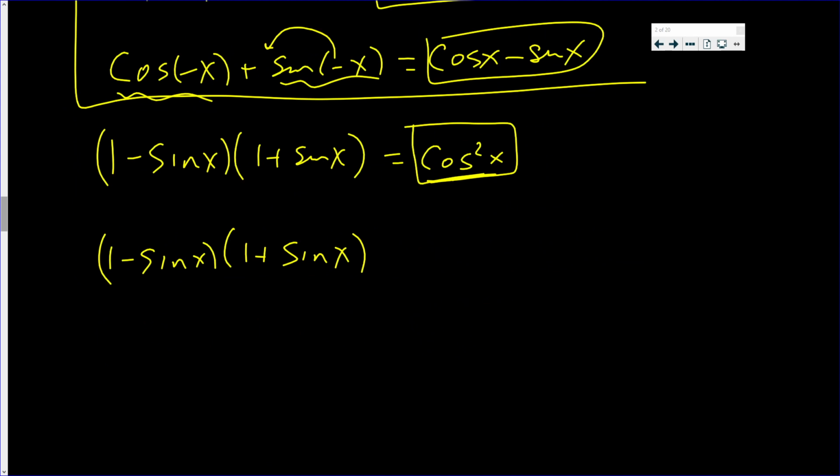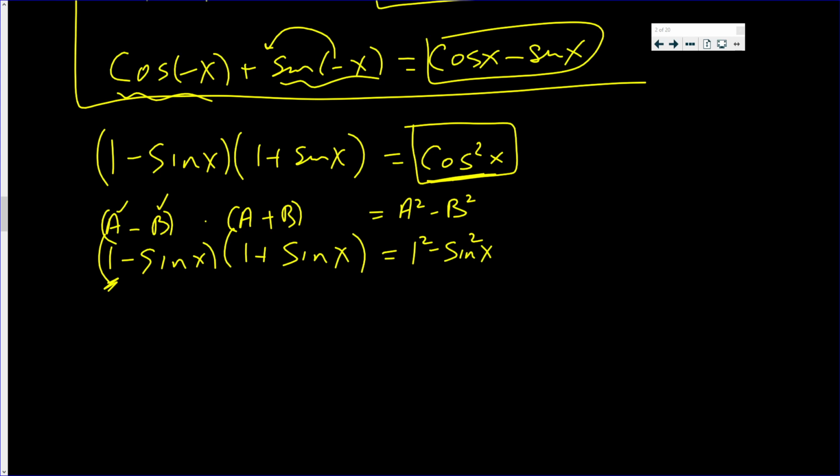This is, I forget what they call it. I know that A minus B, A plus B, they're conjugates, right? I know that that product is the difference of squares. We square A, we square B, we subtract the two. So this is going to be 1 squared minus B, which is sine x squared.